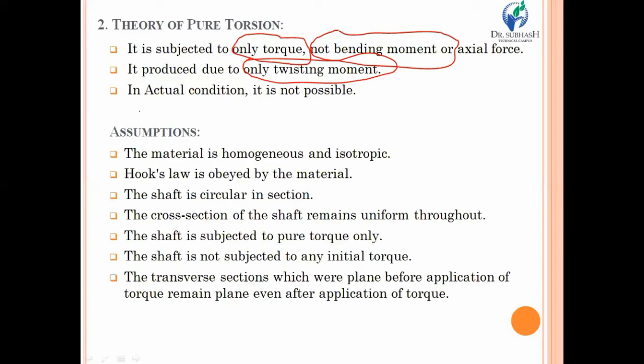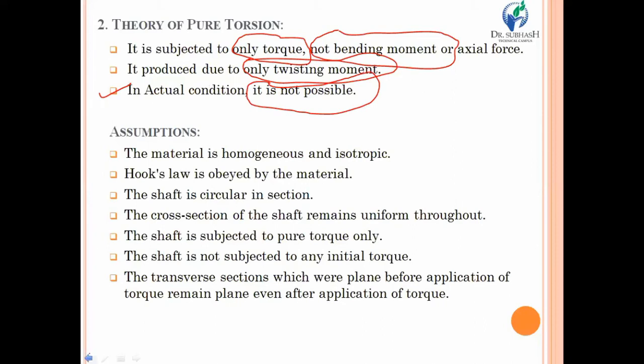At some instant, bending moment is also acting with little magnitude. Some axial or lateral forces are also present there. So if we are talking about the general and actual condition, it is not possible to have a condition in which a transmission element is subjected to only twisting moment.